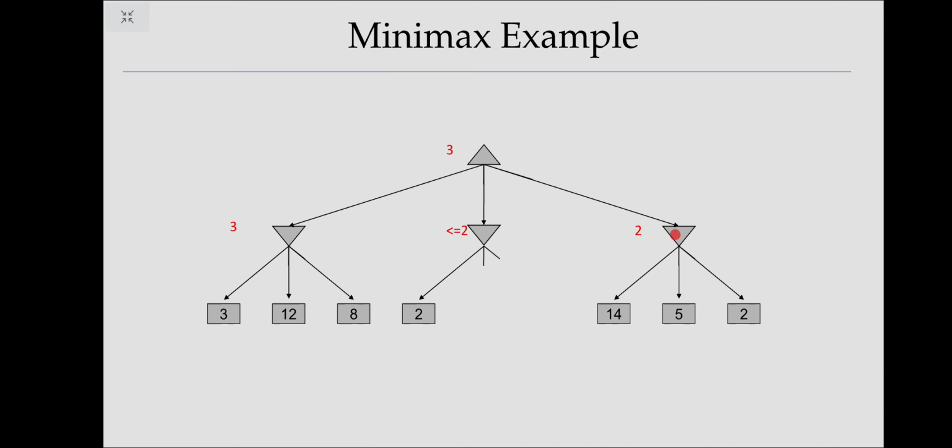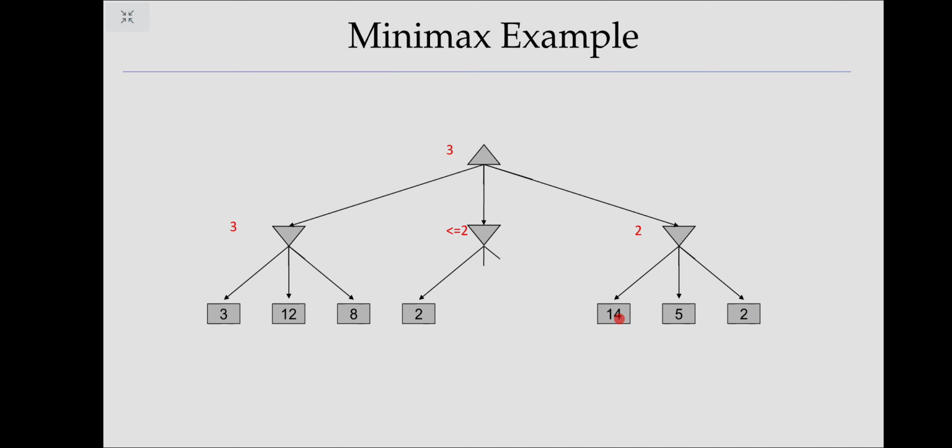But for the final successor, because the first child is 14 and 14 is better than 3, we continue the search. The second successor is 5. The minimum over 14 and 5 returns 5. Again, 5 is better than 3. We continue without pruning. The last one is 2.